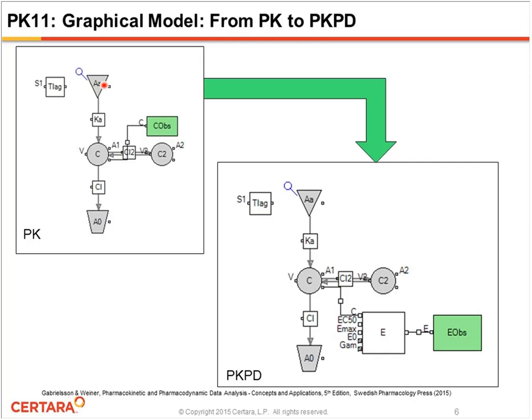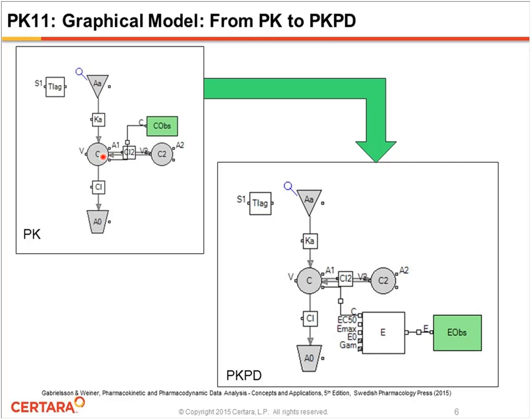And you see a one-directional flow to the central compartment, and the flow is governed by an absorption rate constant, Ka. Then for the absorption compartment, we also have another parameter, the T lag, which is implicitly linked with this part, and we come to that when we go to the textual model. From the central compartment, we've got the volume and the drug amounts.